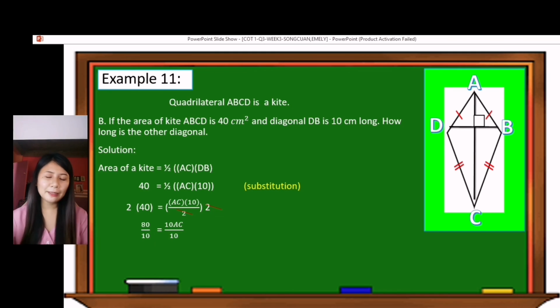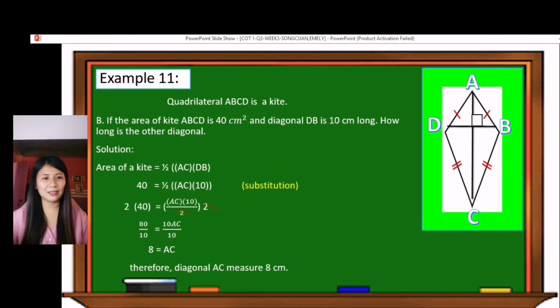And 40 times 2 is equal to 80. Next, divide both sides by 10. Cancel the 10, bring down AC, and 80 divided by 10 is equal to 8. So the value of diagonal AC is equal to 8 centimeters.